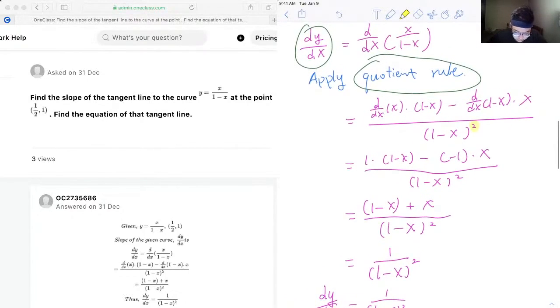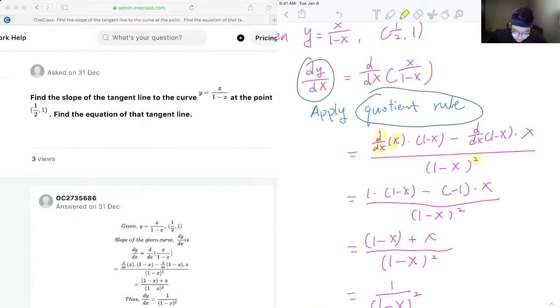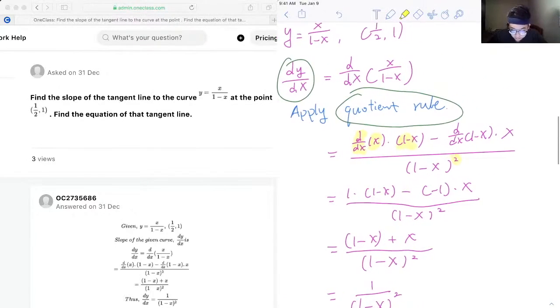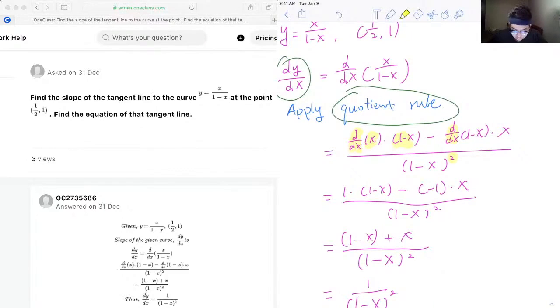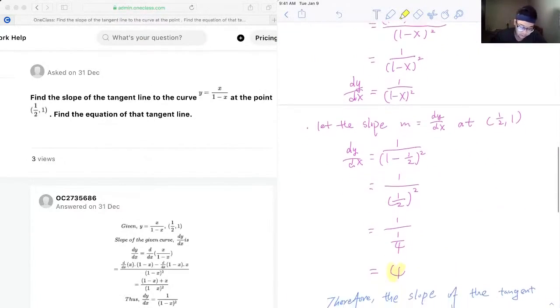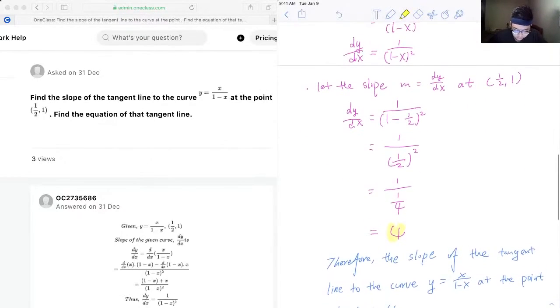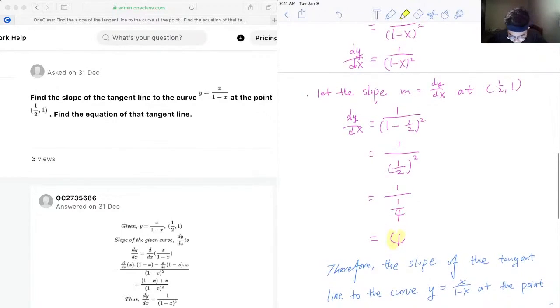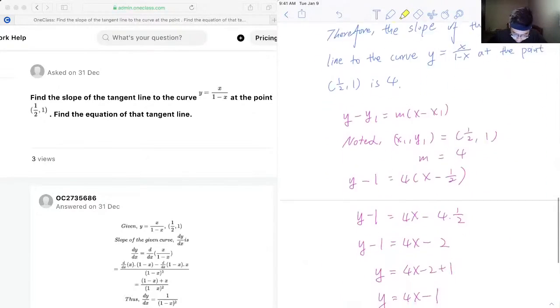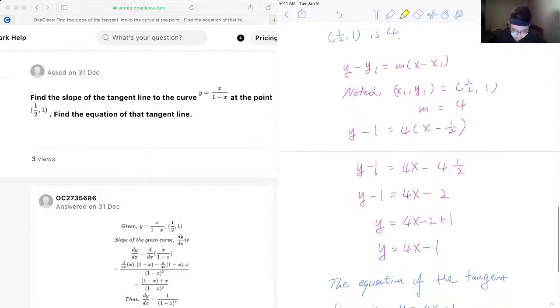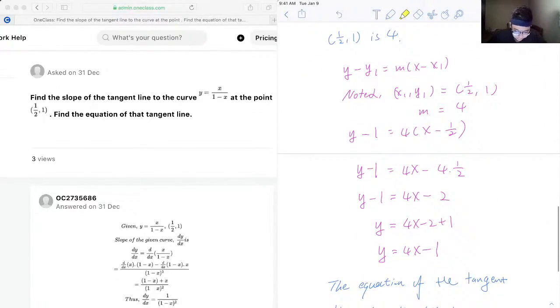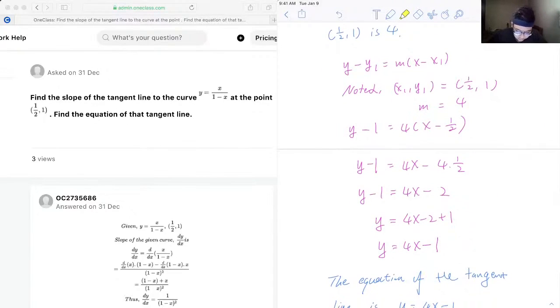For the top, it's the derivative of the numerator times the denominator, minus the derivative of the denominator times the numerator. After solving that, we substitute the specific coordinate into the equation to get the slope. After finding the slope, if we are asked to find the equation of the tangent line, we just substitute everything in, like the slope and the coordinate.